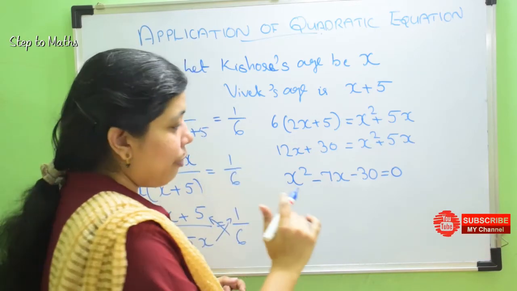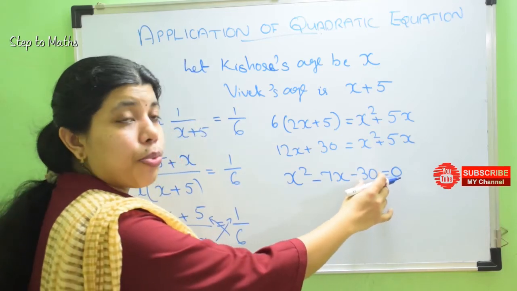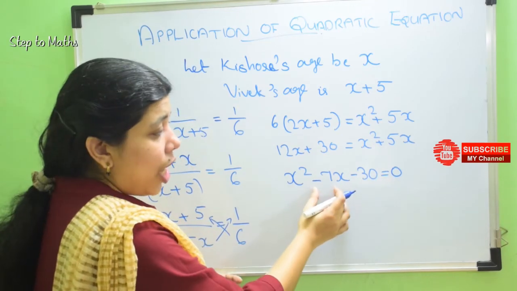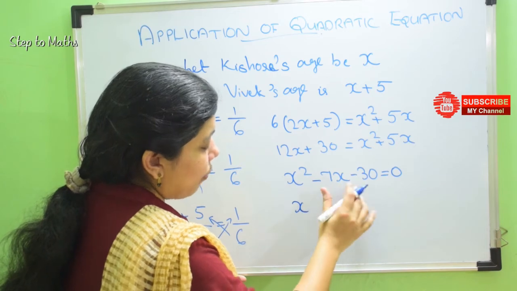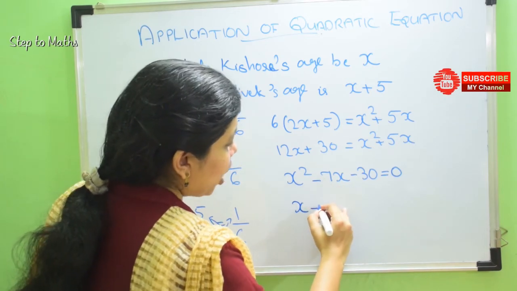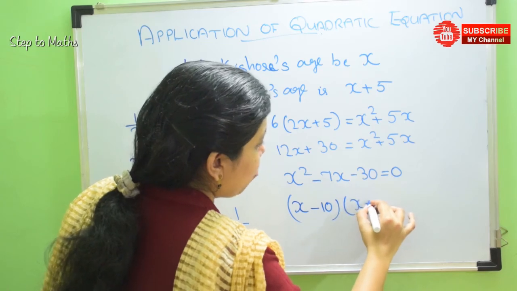Here I will use the factorization method. Two numbers whose product is minus 30 and whose sum is minus 7. So we can write its factors as x minus 10 into x plus 3.